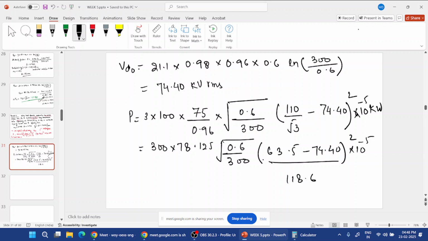Am I doing correct or not? Okay. This value comes out to be 0.044 into 300 into 78.125 into 10 raised to the power minus 5. Do check this, okay? The values are correct or not.